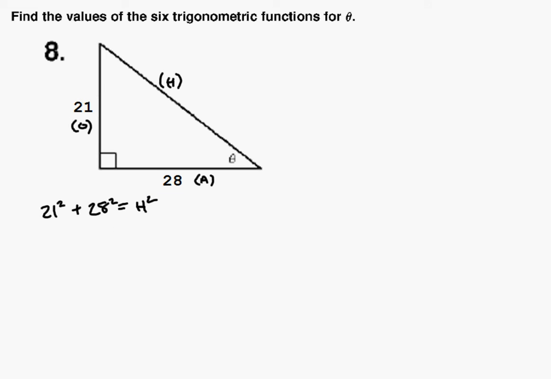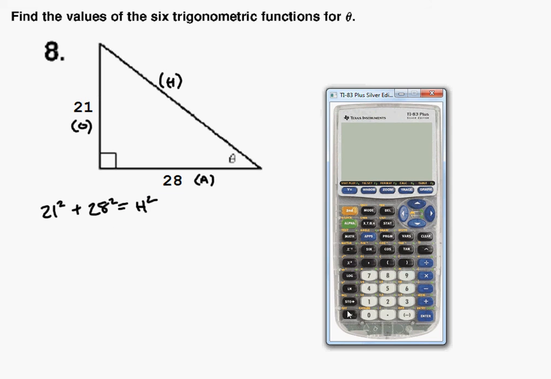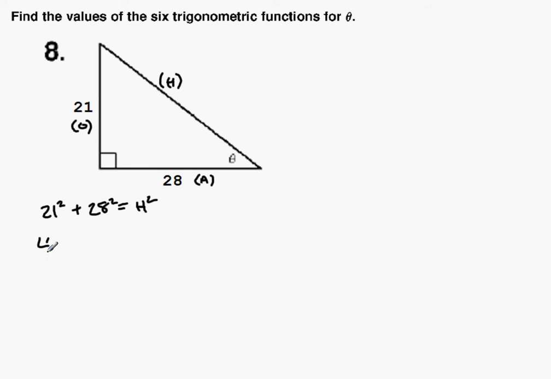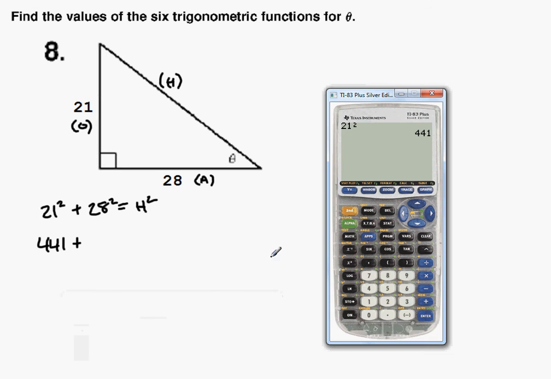So using our calculator again, 21 squared gives us 441, plus 28 squared, $784.